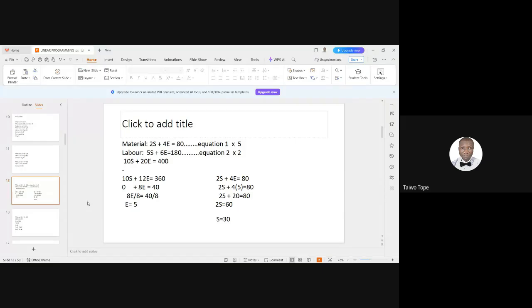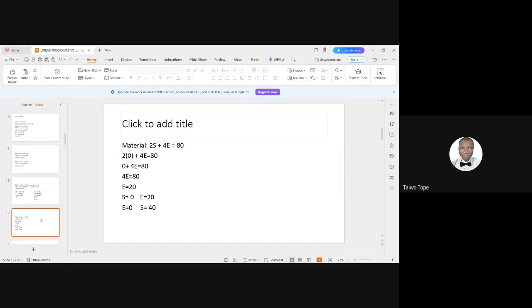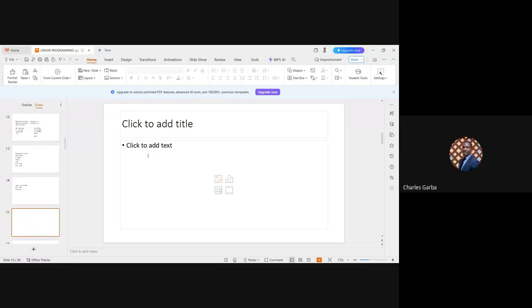So for you to get the maximum contribution, what are you going to do? The contribution we have in the question is what? 10.